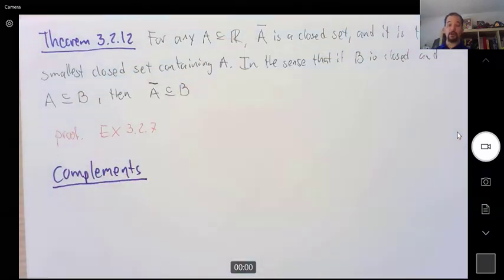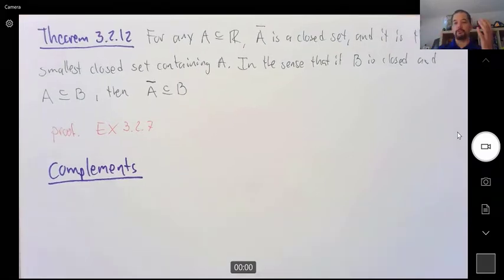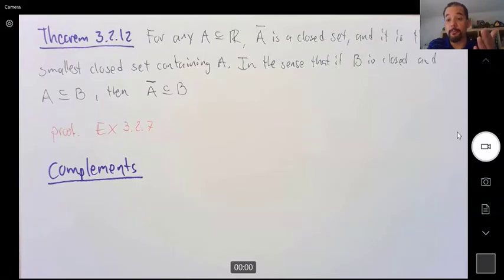This is very awesome because it tells you that if you don't like closed sets and you thought open sets were better, you can use complements, and everything you want to do, you can do with open sets. If you think the other way around, you like limits of sequences and you thought open sets were harder, then you can use closed sets and go back to open sets via complements.